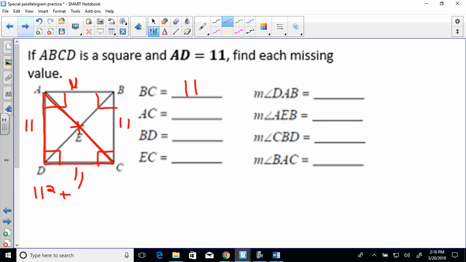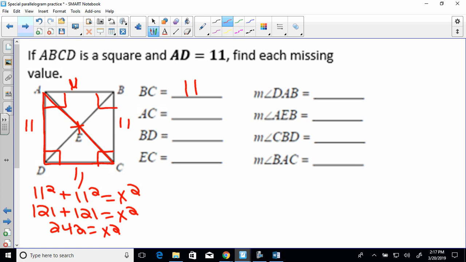We have 11 squared plus 11 squared equals x squared. 121 plus 121 equals x squared. 242 equals x squared. Take the square root, and we end up with 15.6 is equal to x, rounded to the nearest tenth. So now we know that AC is 15.6.